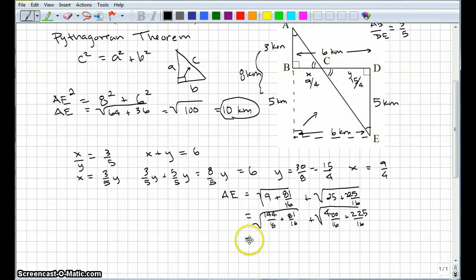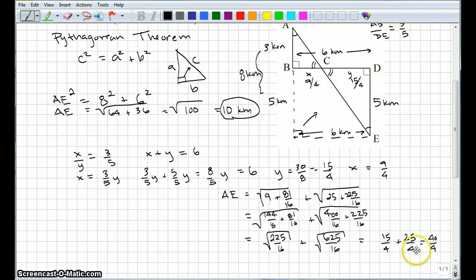And so then we get the square root of 225/16 plus the square root of 625/16. That gives us 15 over 4 plus 25 over 4, and 15 and 25 is 40, so 40 over 4.